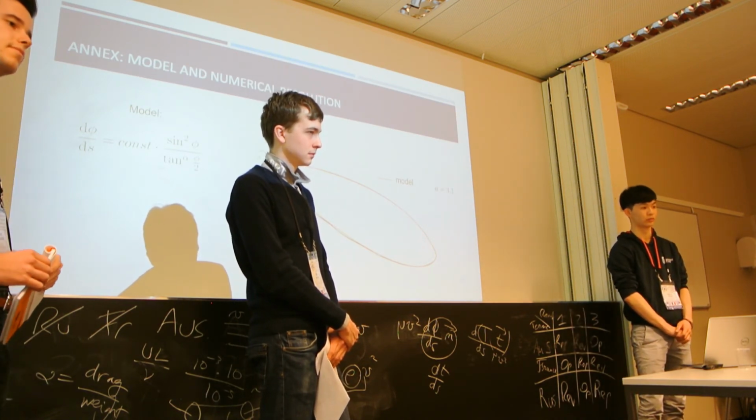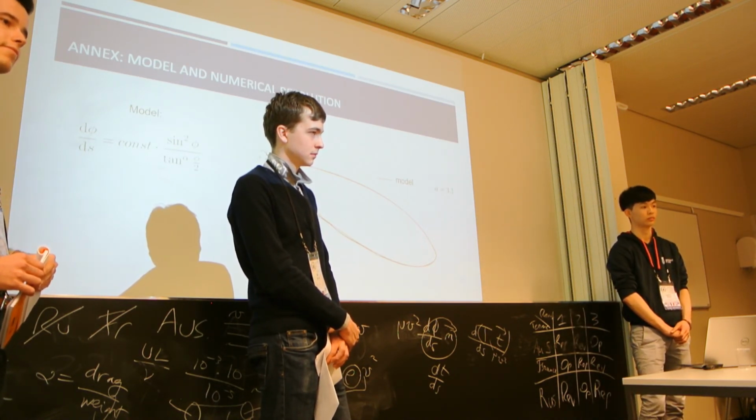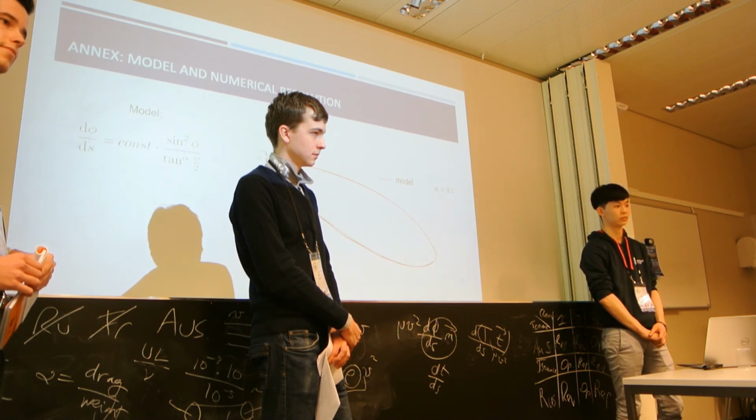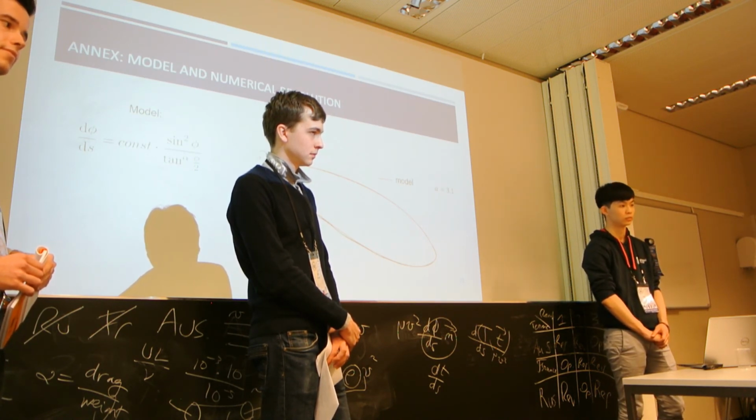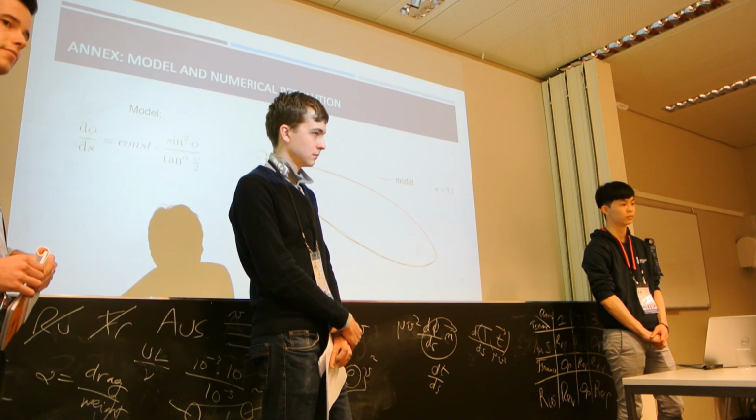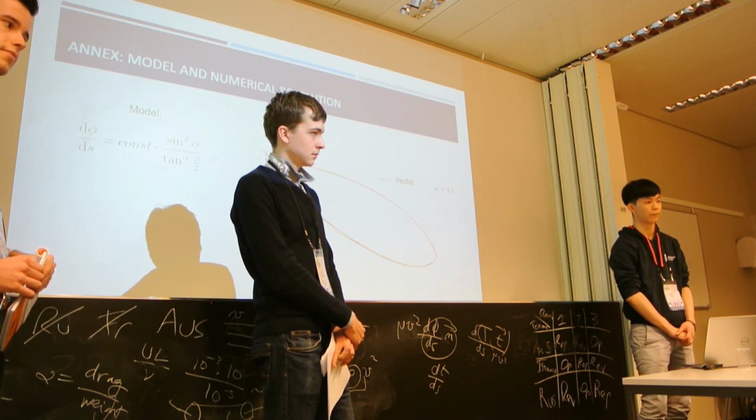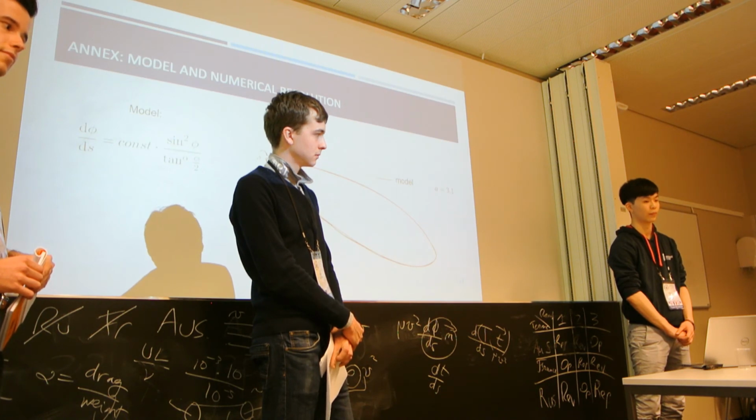You told us you made some fitting, so you didn't get the CD properly. You're taking the drag coefficient from the experimental fitting. Was it changing during your experiments, or was it constant?